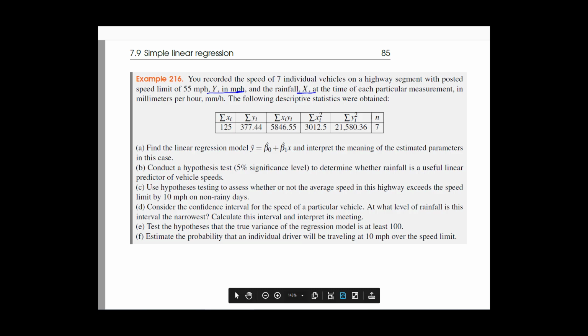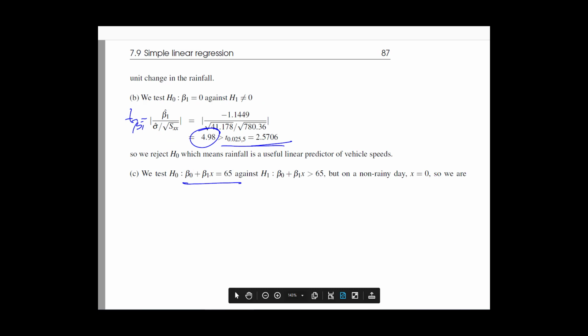All right, here we're making a prediction of whether or not the average speed exceeds the speed limit on non-rainy days. Now the speed limit is 65, so you want to see if on non-rainy days this is greater than 65, right?